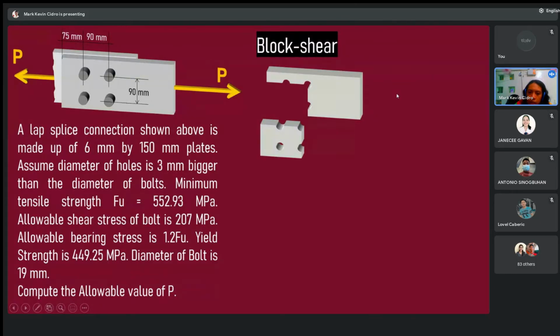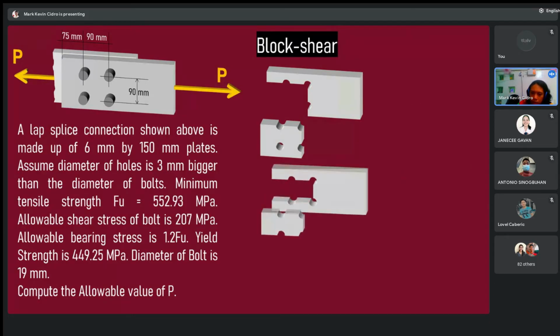There is a force here, and this is your member. This chunk or block comes out and the member fails, because it shears off and this block shear comes out. So this is one path of block shear failure.